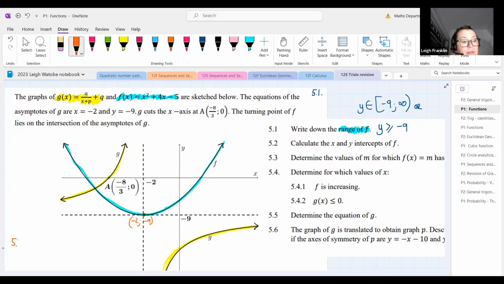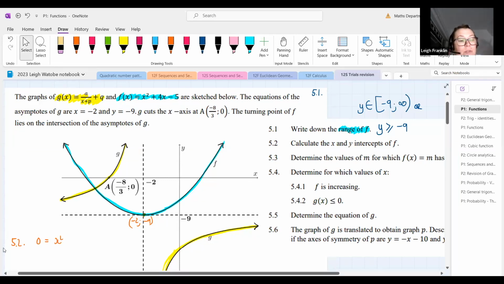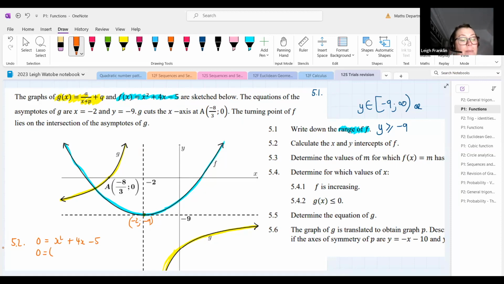That's perfect. Okay, so for the x-intercepts, we're going to make y equal to 0. I'm just working behind you guys here so that the answers are on screen if anybody wants to come back and watch. And then, of course, we would have to factorize. And we would get the answers, you guys.